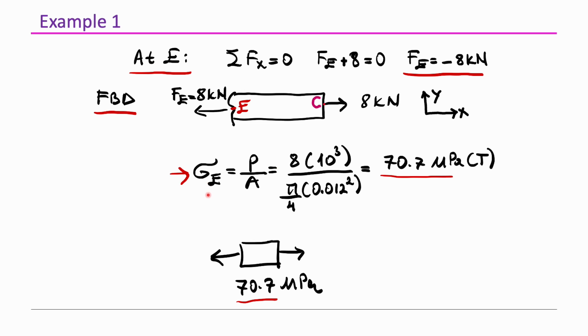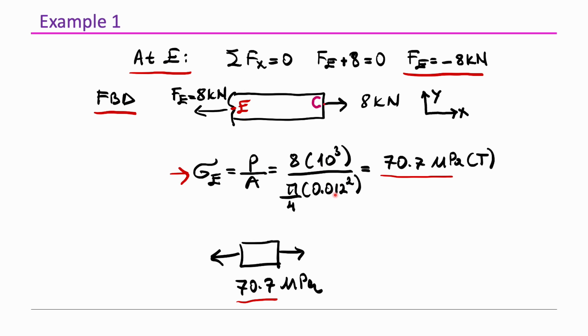As the next step, we determine the normal stress acting at point E, which is represented by sigma E, and this is equal to P over A. P represents the internal normal force acting at point E, which is Fe. We have a solid circular cross-sectional area.